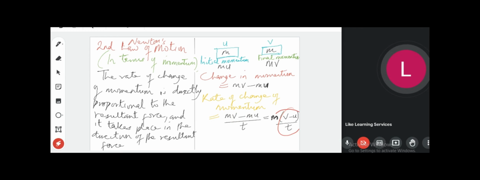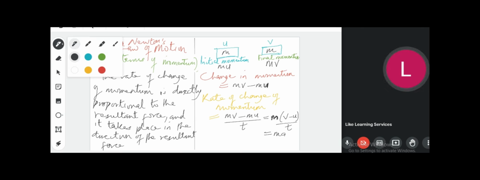And we know that v minus u over t is acceleration. So this whole thing becomes ma, and from the initial way we studied it, ma is equal to force.